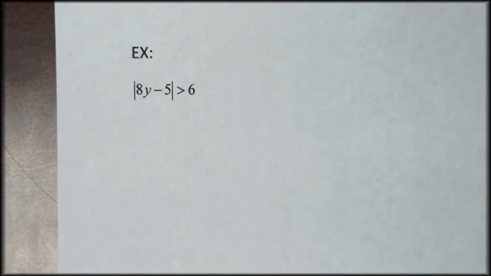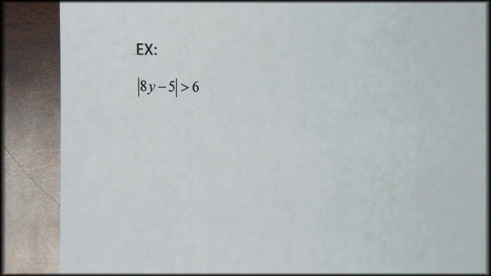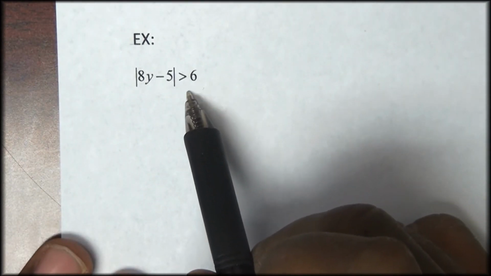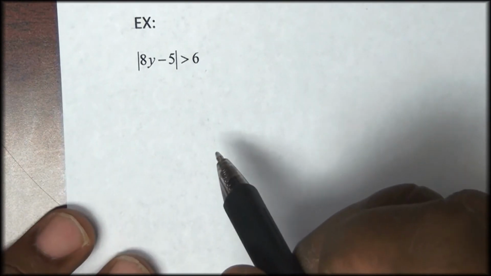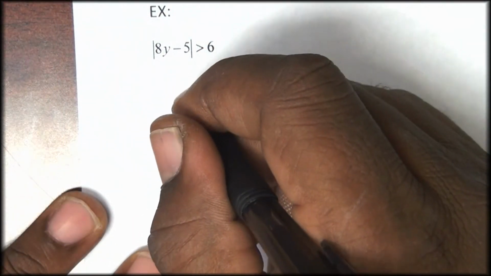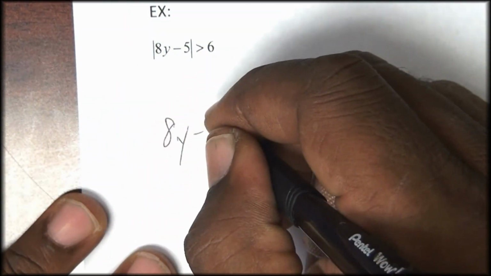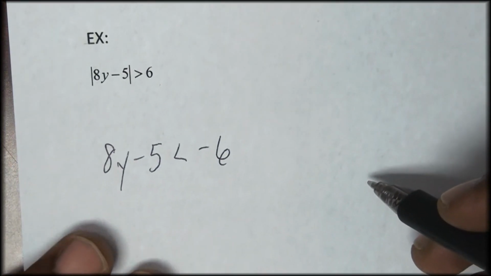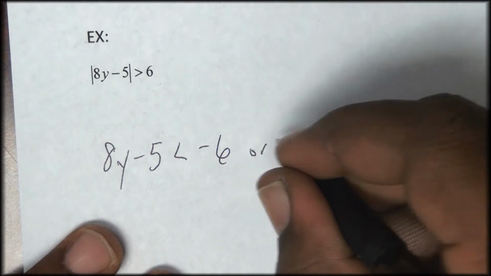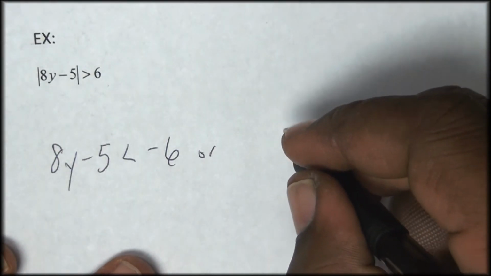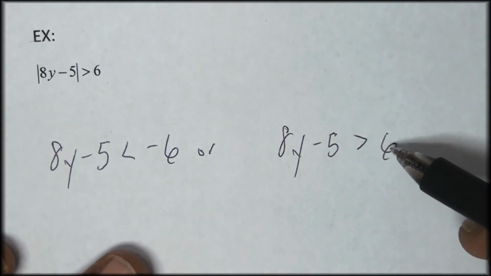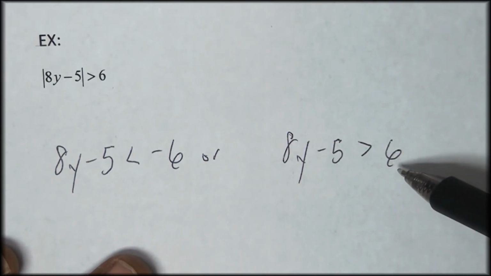And for our last equation, we have an absolute value greater than. We have the absolute value of 8y minus 5 is greater than 6. So we'll apply our formula. So we'll remove our absolute value. We'll reverse the inequality and set it equal to a negative. Or we'll drop our absolute value, keep the inequality given, and keep our value as given.